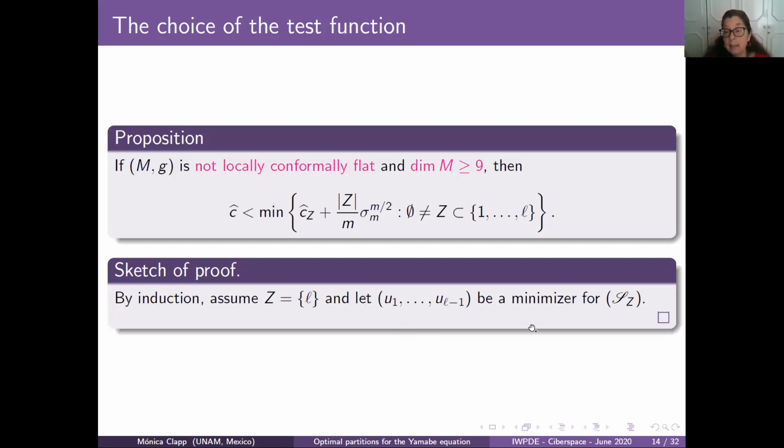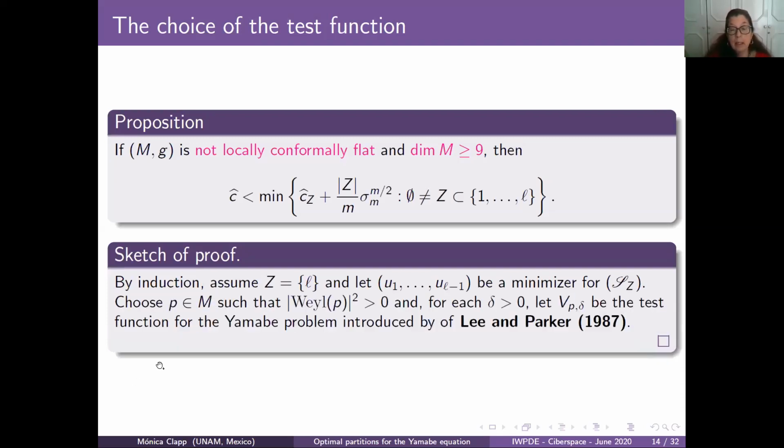So we take a system with L-1 equations. We take a solution, a minimizer for the system of L-1 equations, and we complete by taking the test function that is used for the Yamabe problem. So first we have to choose a point in the manifold M for which the Weyl tensor is non-trivial. This we can do under the assumptions that we are considering. And then we take the test function introduced by Lee and Parker for proving the Yamabe conjecture.